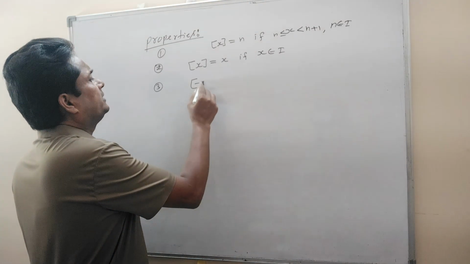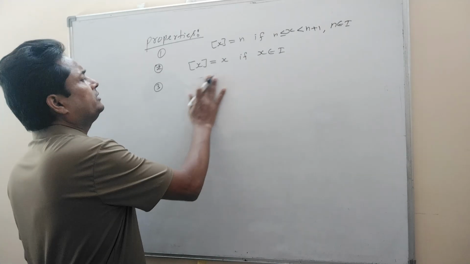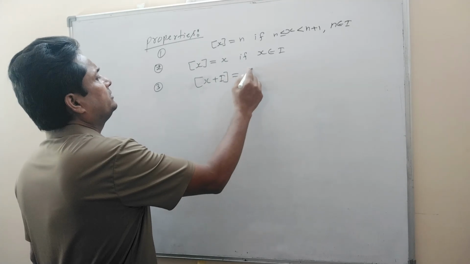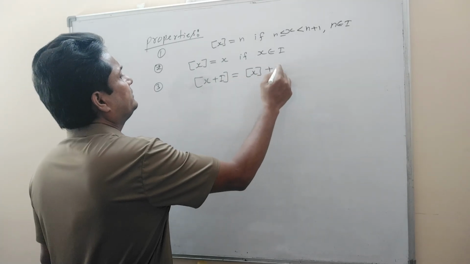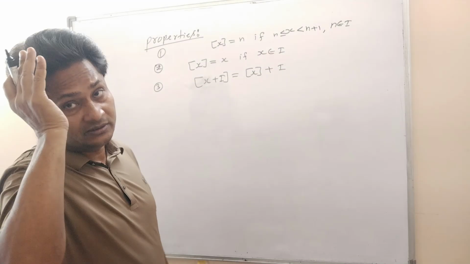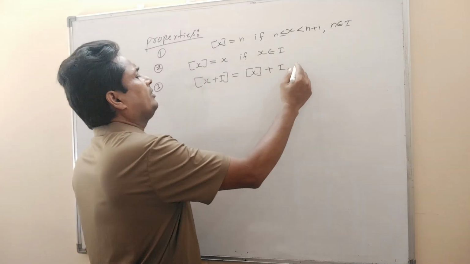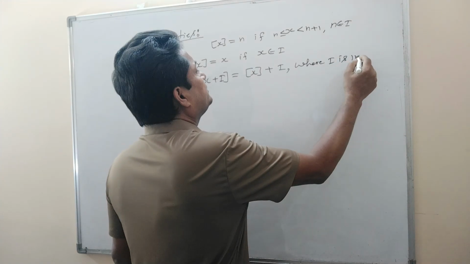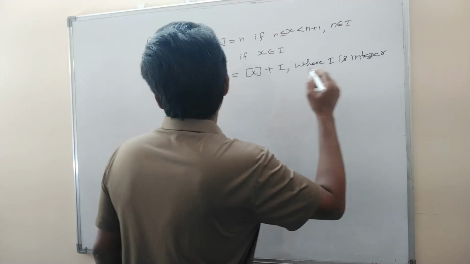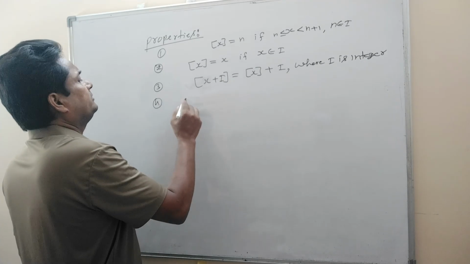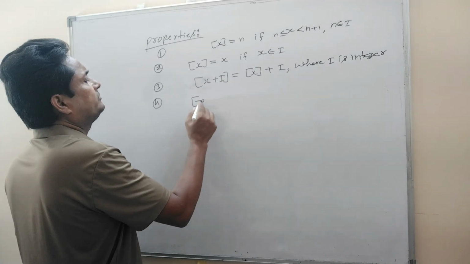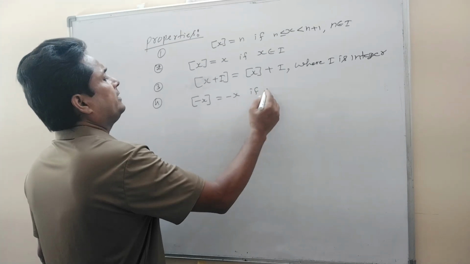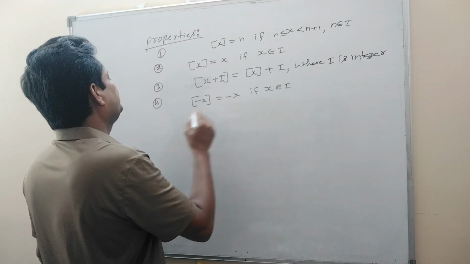Greatest integer of x plus I is equal to greatest integer of x plus I, where I is integer. Number 4, greatest integer of minus x is equal to minus x if x belongs to I.